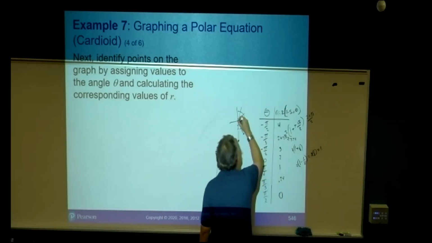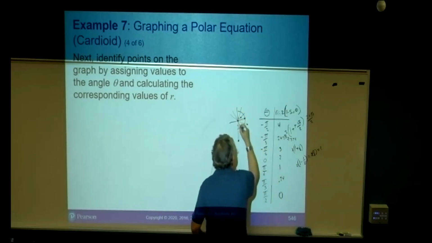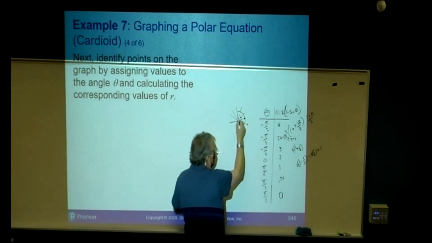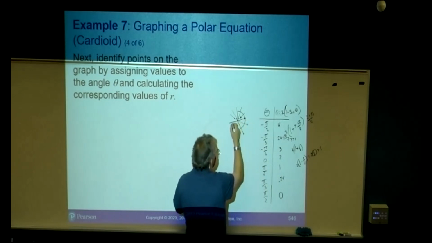And now the angles over here are just going to repeat these values in the reverse order. So this one is going to be the same as that one. This one's going to be the same as that one. This one's going to be over here. And this one's going to be over here. And then this one's going to be over here. And so now we connect those points in order.